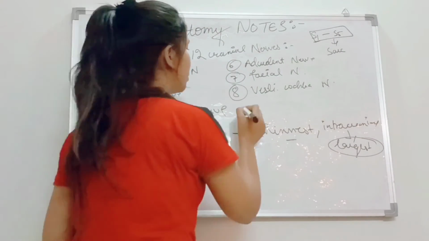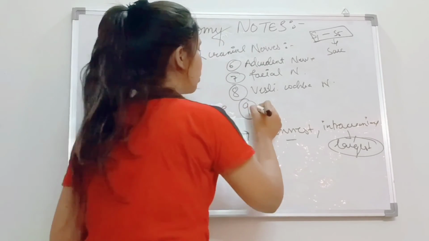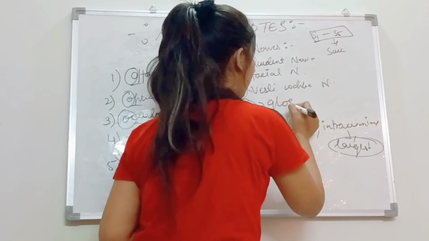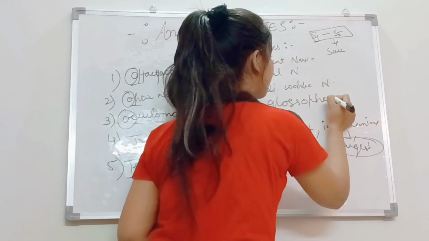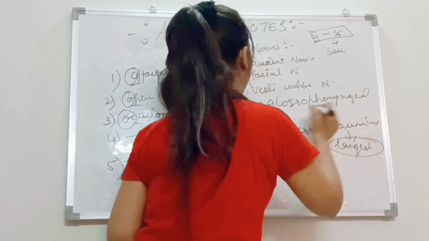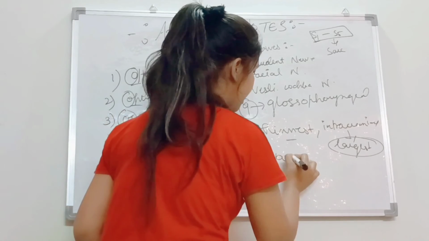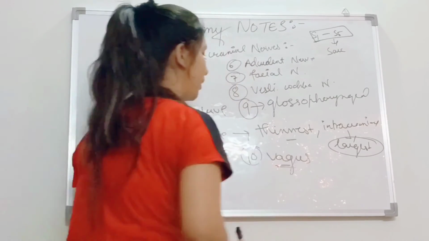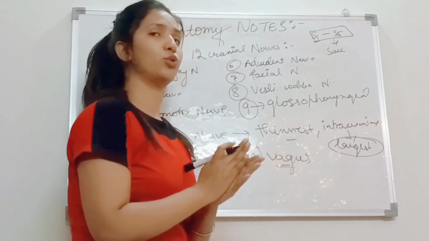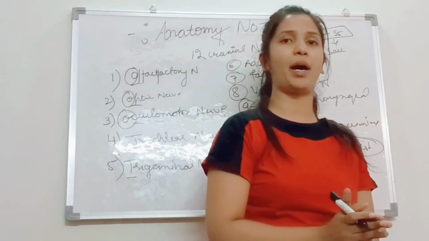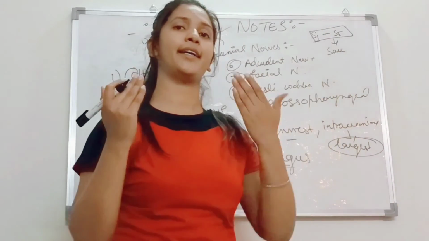From the 9th onward, you have to remember the 9th is known as the glossopharyngeal nerve. The 10th is the vagus nerve. The vagus nerve is the only nerve that does not have any branch or role in the head and neck region.